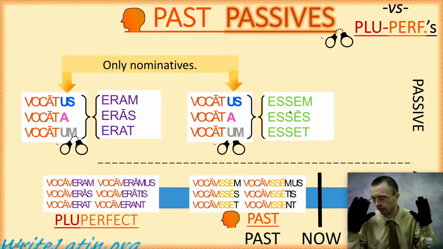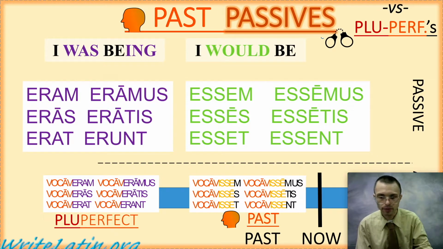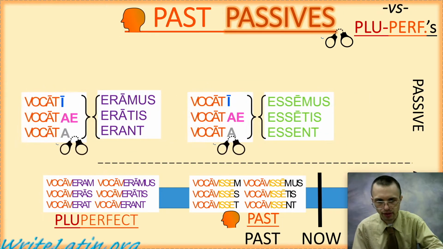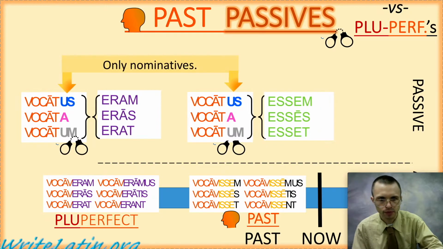Now, what is essem? Do you remember? Hopefully you remember back from slide 40 that this green color is the present infinitive, to be, plus an ending. So esse is just your infinitive of sum. So it goes sum, esse, fui. And that combines with the participle like this.